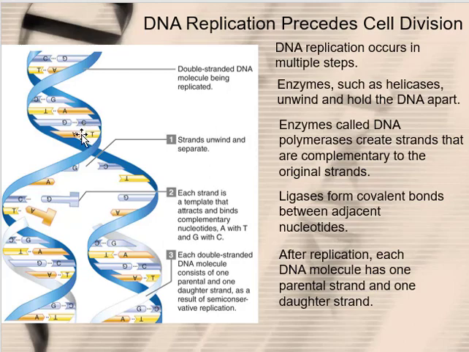We have several different enzymes that play an important role. Helicases unwind and hold the DNA apart. Polymerases create strands. A polymer means multiple units, and -ase indicates an enzyme. Once we split the strand with the helicase, this is where we match G's up to C's and A's to T's.